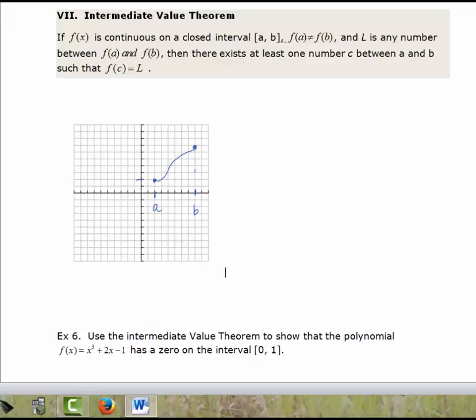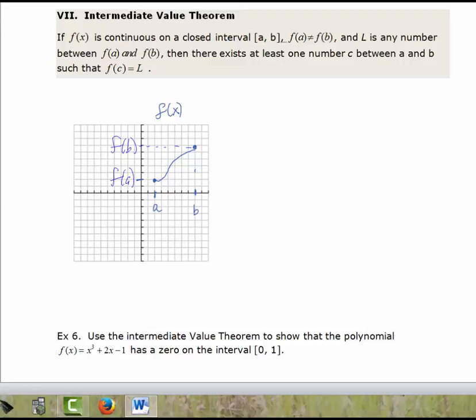If this function is f of x, then the y coordinate of this point A is going to be f of a. And the y coordinate that goes along with the x coordinate b will be f of b.